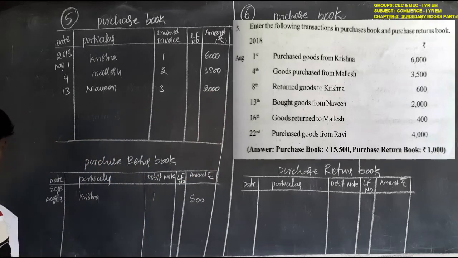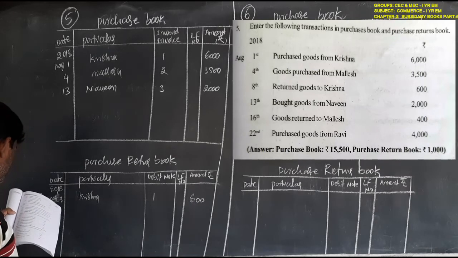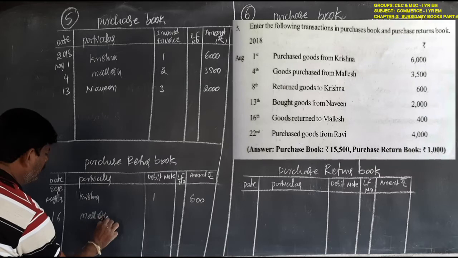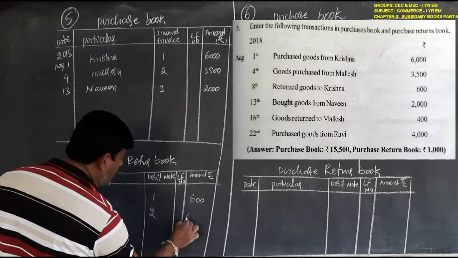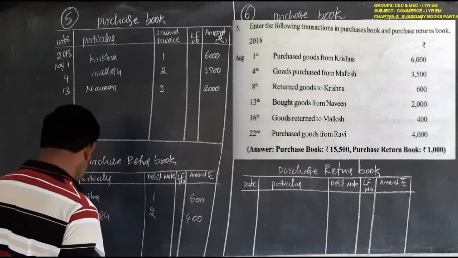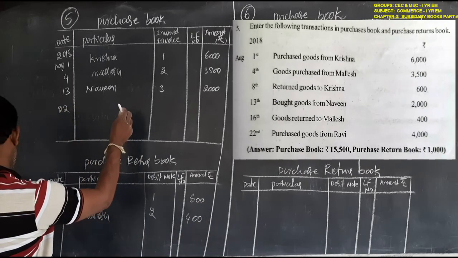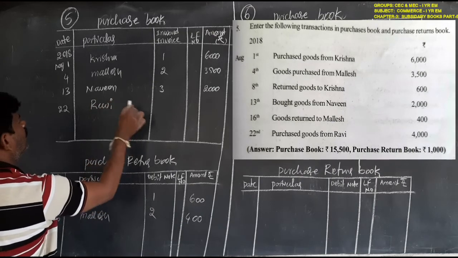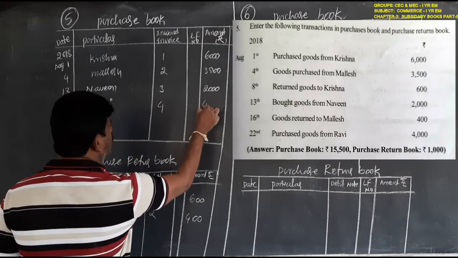Next, 16th date, goods returned to Malesh, debit note 2, amount is 400 rupees. Next, 22, goods purchased from Ravi, invoice number 4, amount is 4000 rupees.